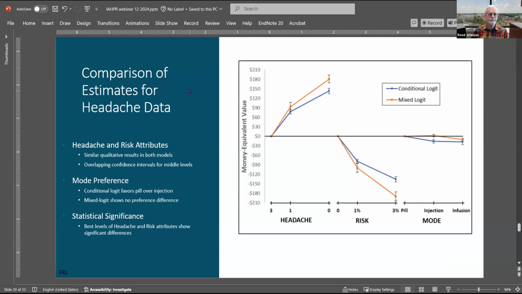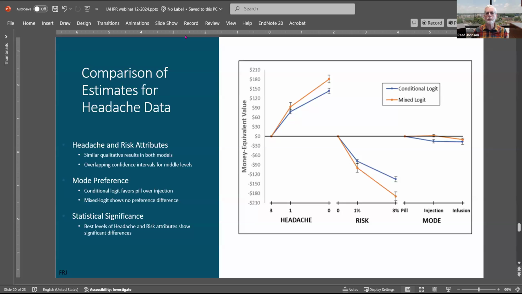Now, mixed logit relaxes the assumption that everybody has the same preferences. It estimates both a mean value and a standard deviation for each of the relative importance weights. So we can allow each of those importance weights to vary across individuals. The standard deviation gives us an indication of the degree of consensus there is about the relative importance of this attribute level in this sample of respondents.